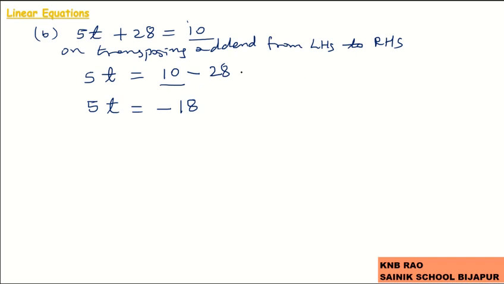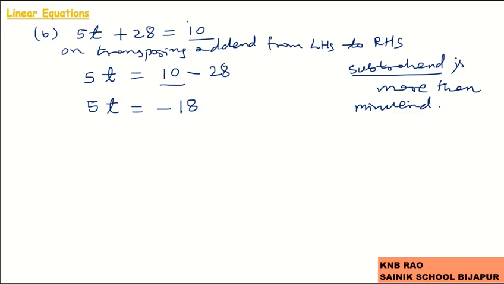Here in 10 minus 28, the subtrahend is more than the minuend. So when the subtrahend is more than the minuend, obviously the result will be negative.